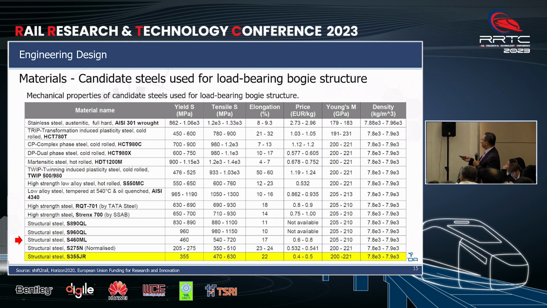But if we use S460 ML, we need to pay a little bit more, around 0.6 euro per kilogram. But we can get some advantages when we use higher strength steel.